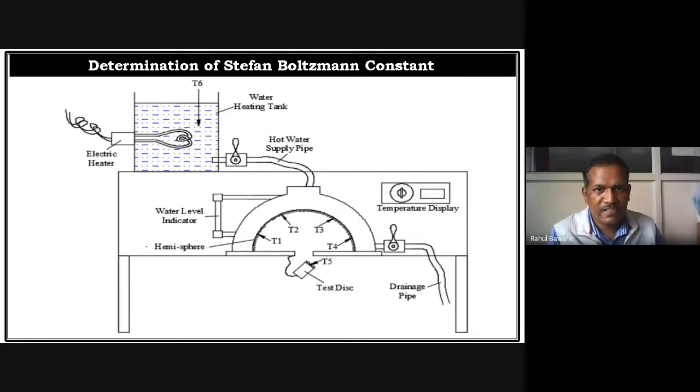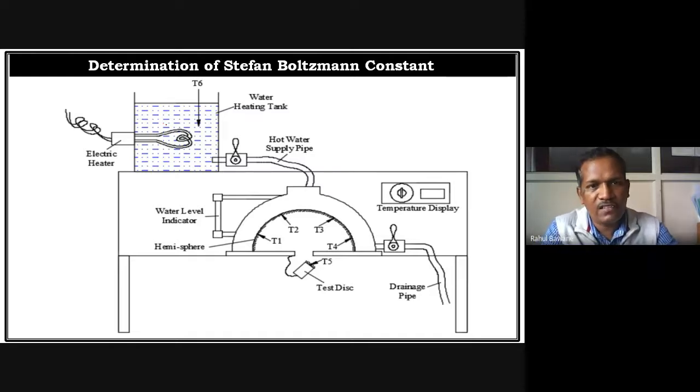Now, what is our setup? This is a schematic of our experimental setup, where over the top there is one heating tank. In this heating tank, one thermocouple is always inserted in the water, and there is one electric heater provided. When we switch on our electric heater, heat will be dissipated and the water temperature rises.